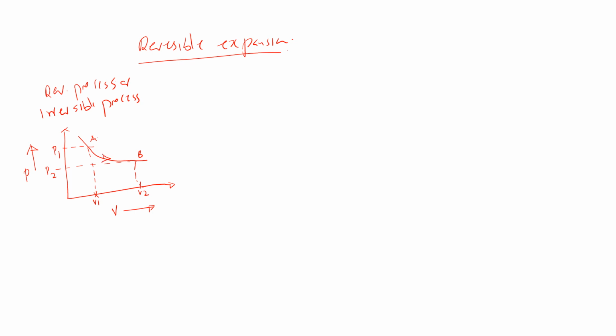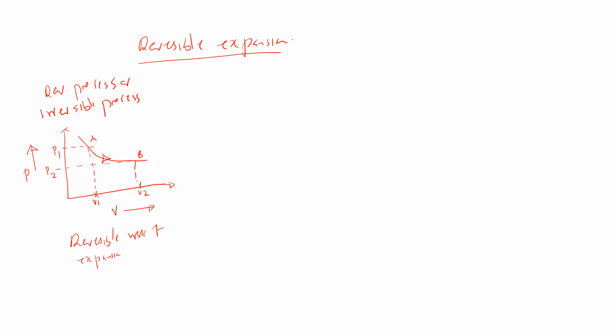Okay, so if we look at this diagram here, this is a reversible work of expansion. When you expand, you can see the pressure reduces but the volume increases.